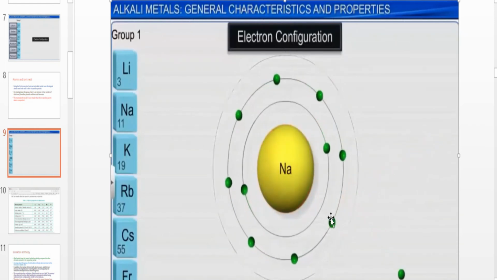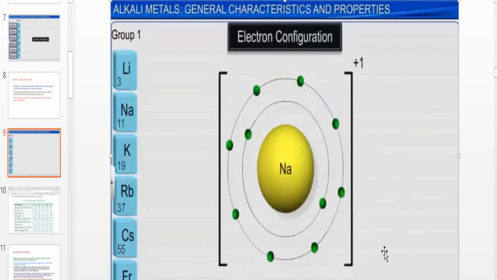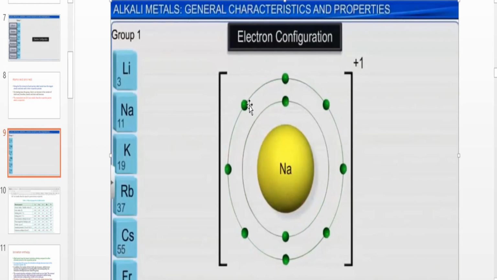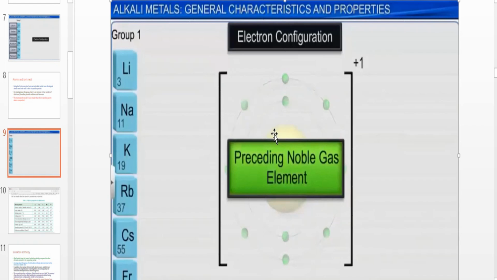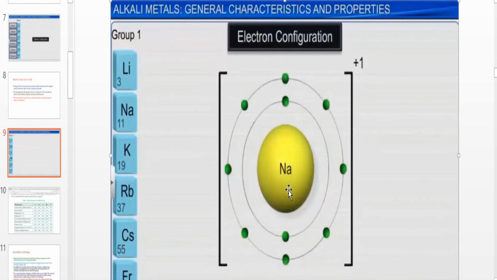That's why a little energy is supplied, the electron is lost, and now the atom becomes an ion. The size of the atom is greater while the ion is smaller, and the ion acquires a stable noble gas electronic configuration, that is +1.